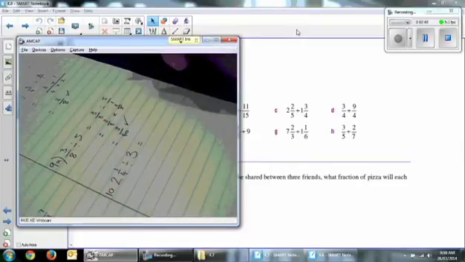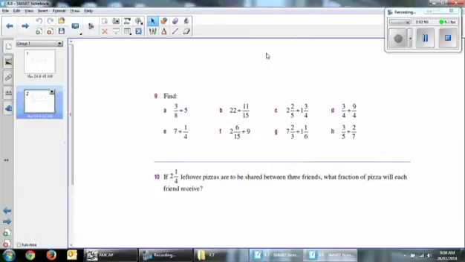All right, very straightforward. In this question, however, you come to the situation where you're dividing with whole numbers. So 2 and 2/5 divided by 1 and 3/4, which is going to lead us into our problem solving question. In our problem solving question, it says if 2 and 1/4 leftover pizzas are to be shared between 3 friends, what fraction of pizza will each friend receive?